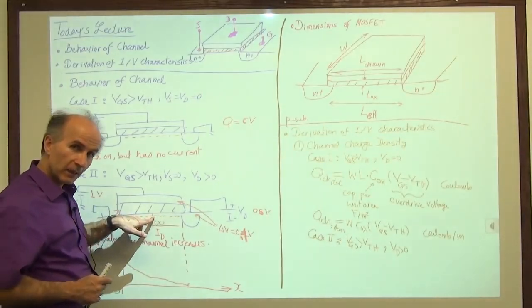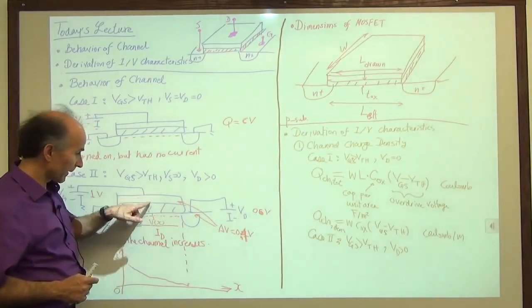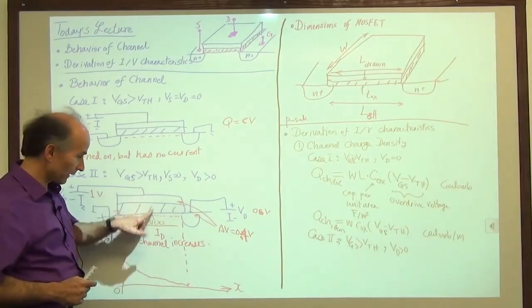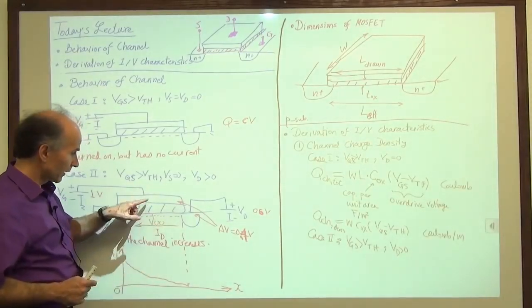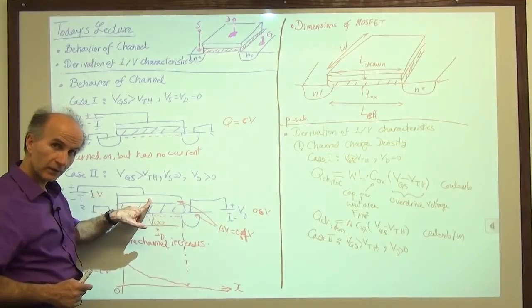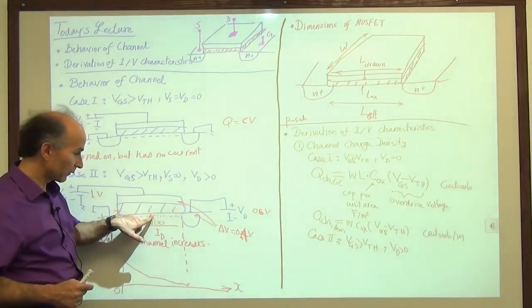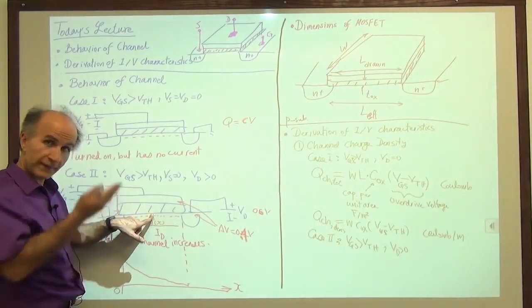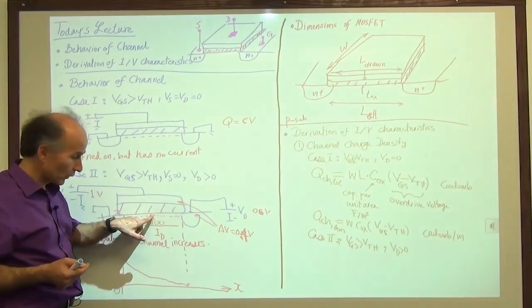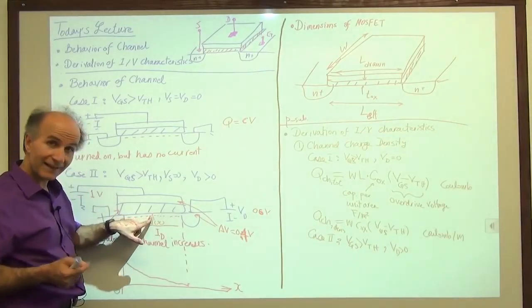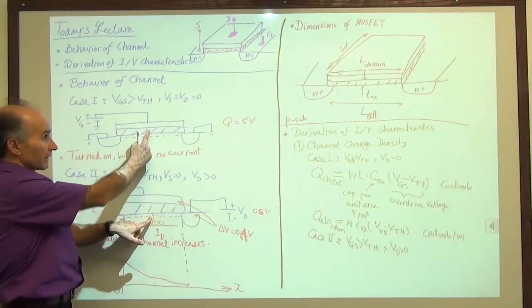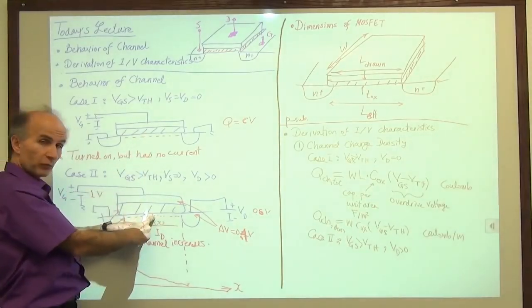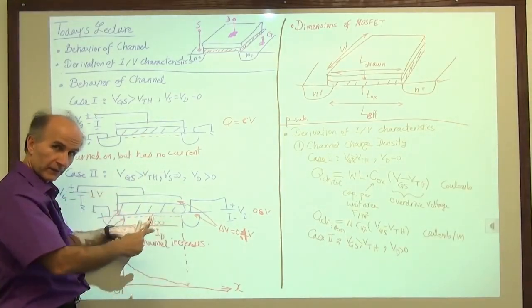Now, what does that mean in terms of this capacitor voltage? At this x value, we have a certain gate voltage, but this plate voltage is no longer 0. It has risen by V of x. So the charge density at this point is less than the previous case, because this voltage has risen as a result of this current.